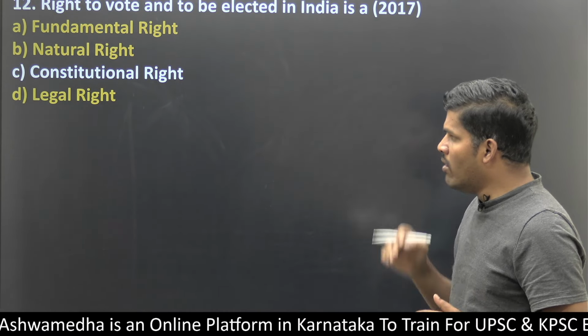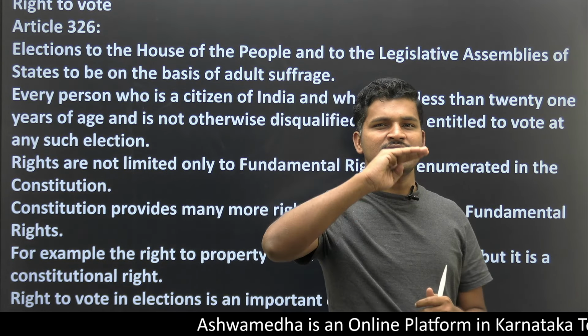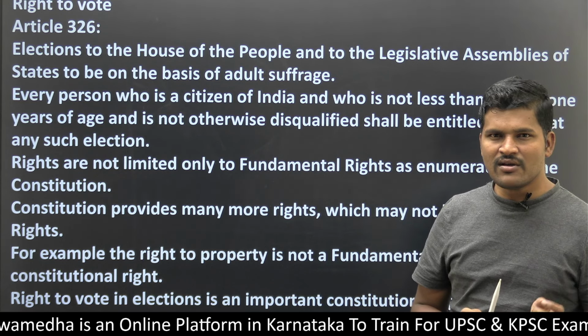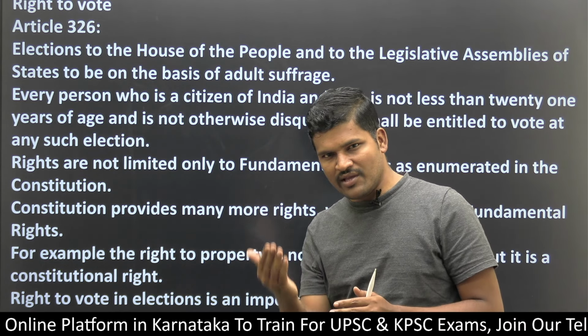Fine, we can discuss about this. Right to vote, Article 3 to 6. Elections to the House of the People and to the legislative assemblies of the states to be on the basis of adult suffrage. Universal adult suffrage means whoever attains a particular age. Previously, it was 21 years. Through the 61st Amendment, we have made it 18.